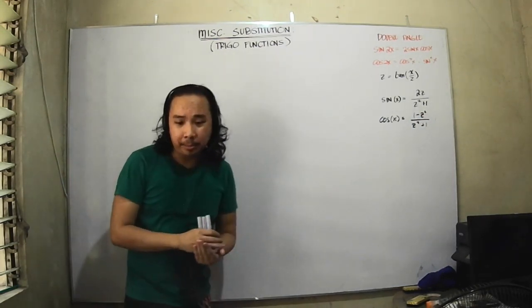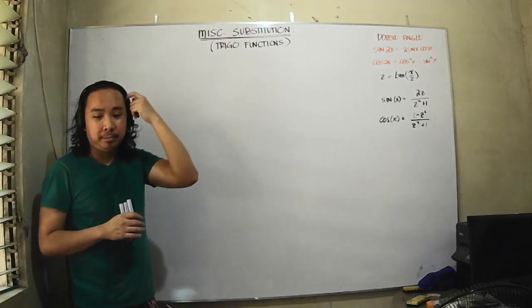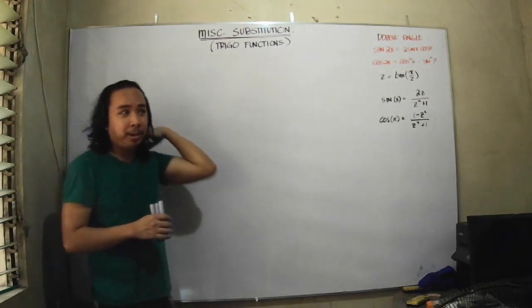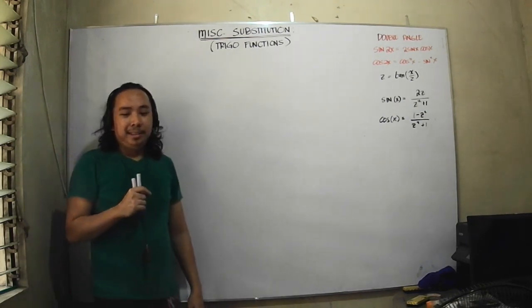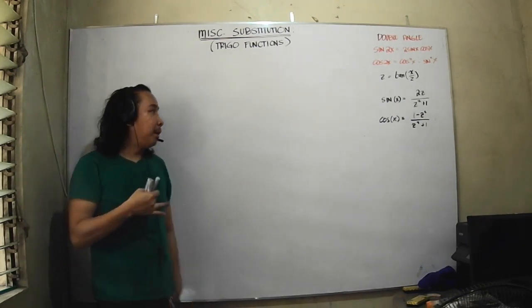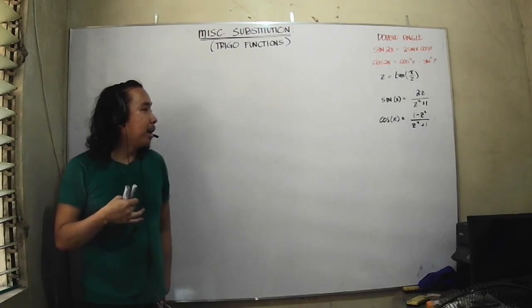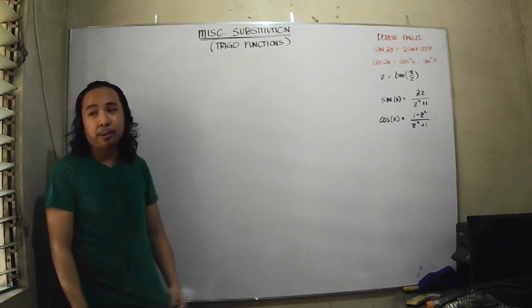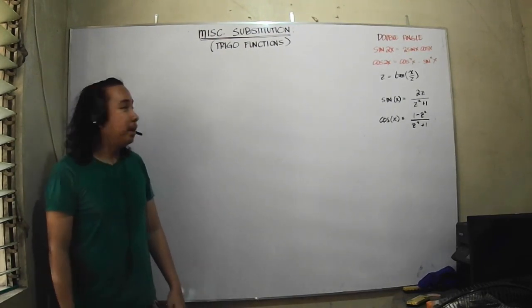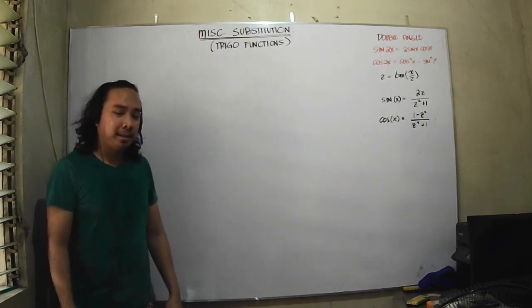The only thing missing now is, since we're dealing with substitutions for these functions, sine x and cosine x can deal with almost any trigonometric function. What we still need is the differential, which is dx.